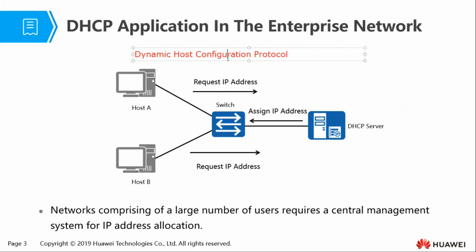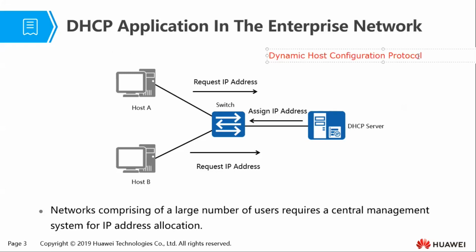Configuration: these are some of the configuration parameters that we want to assign. And the most important one, of course, is the IP address. But in order for a computer to be able to access the internet, you might need things like the DNS server address. I think we saw this when we were doing the first lab.